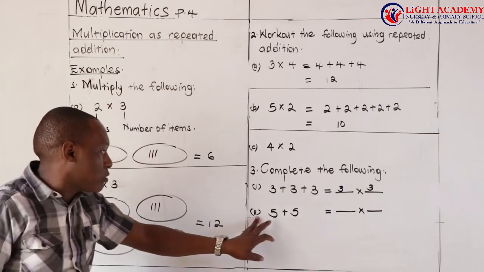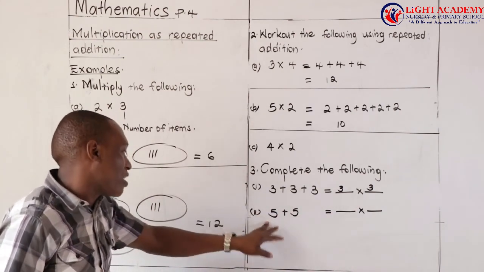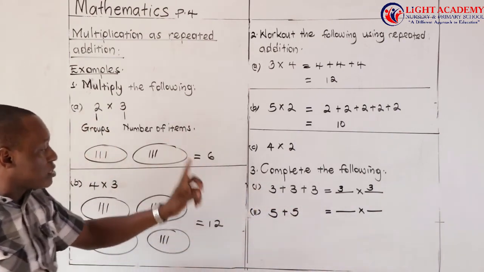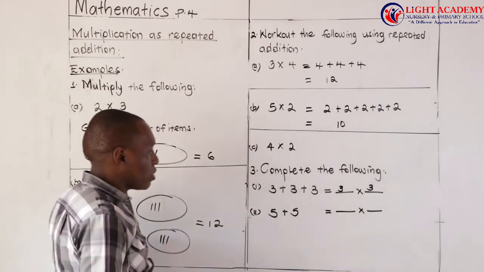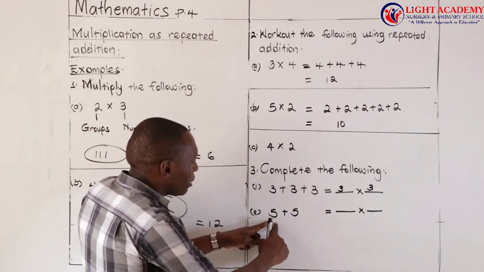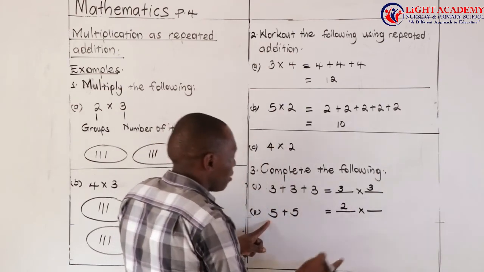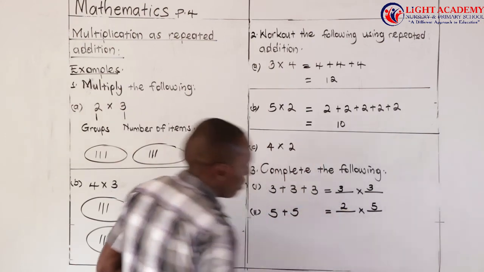The second statement has 5 added to 5. We've seen 5 added for 2 times. Remember, we said the first number talks about the groups. So how many groups of 5 are these ones? We are having 1, 2. They are 2 5s or 2 groups of 5. So we shall have it as 2 multiplied by 5.